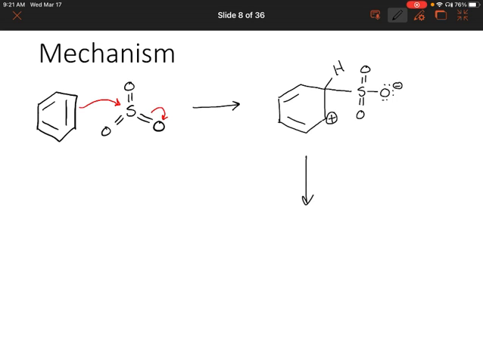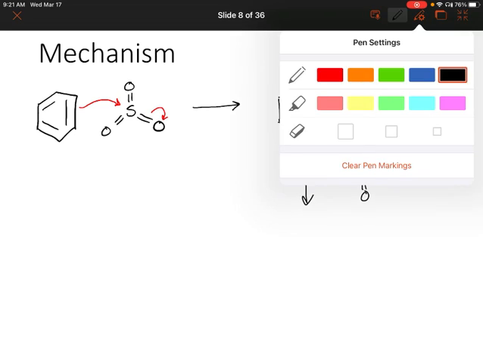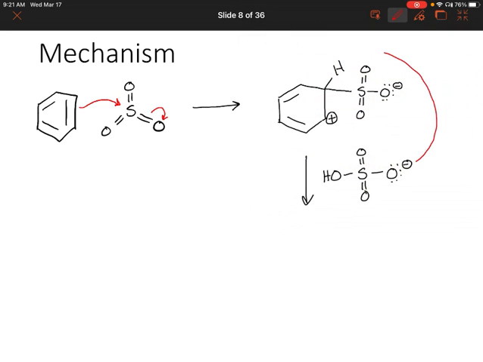All right, so remember that in our fuming sulfuric acid mixture, we did have sulfuric acid present. So the conjugate base of sulfuric acid looks like this. And that is what's going to grab that proton up above so that we can reform our aromatic benzene ring.